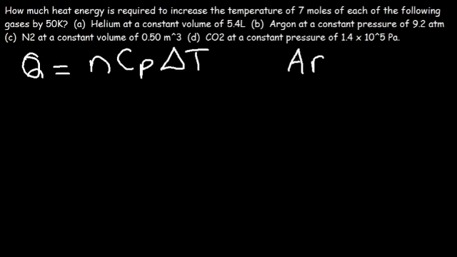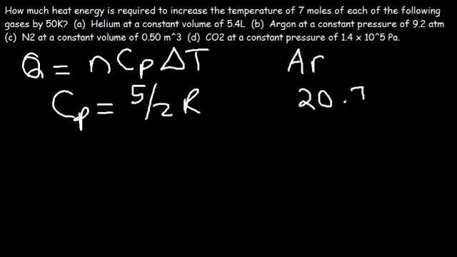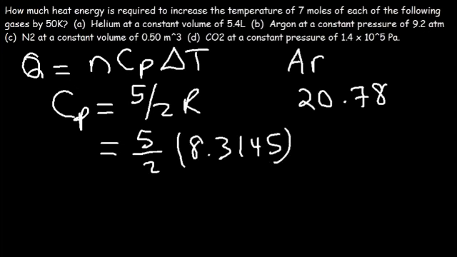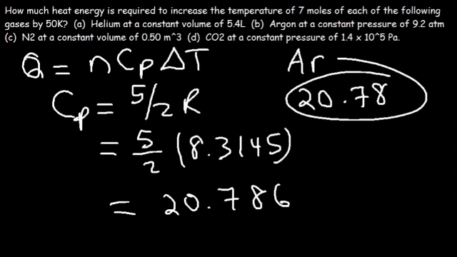Now, we said that Cv is 3/2 R for a monoatomic gas, but Cp is going to be 5/2 times R. The actual value for argon is about 20.78. And if we take 5/2 and multiply it by 8.3145, this will give us 20.786, which is still pretty close to this number.